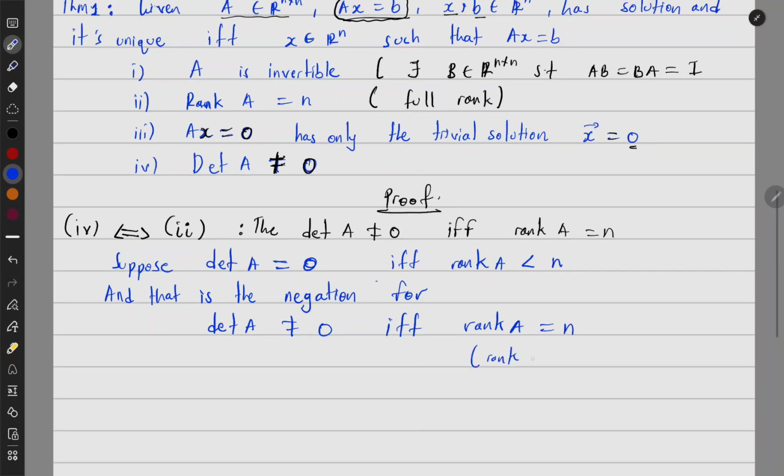Don't be tempted to say that the rank of A is greater than n, because that is impossible. The only two cases we have is either the rank is equal to n or the rank is less than n. So as simple as that. If you can state this and state that it is the negation for this, then it implies that this holds. So I will stop there for my proof.